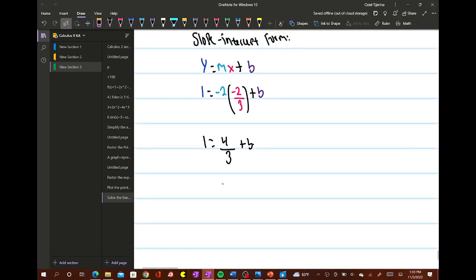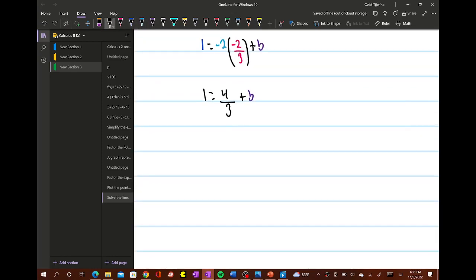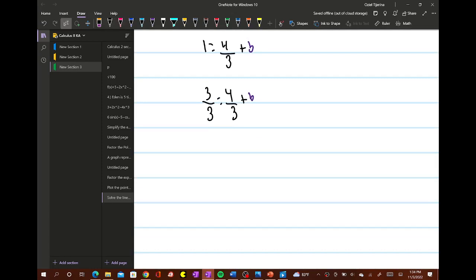Let's put it the way it should be. 1 is 3/3, which is equal to 4/3 plus b. Then you solve for b.